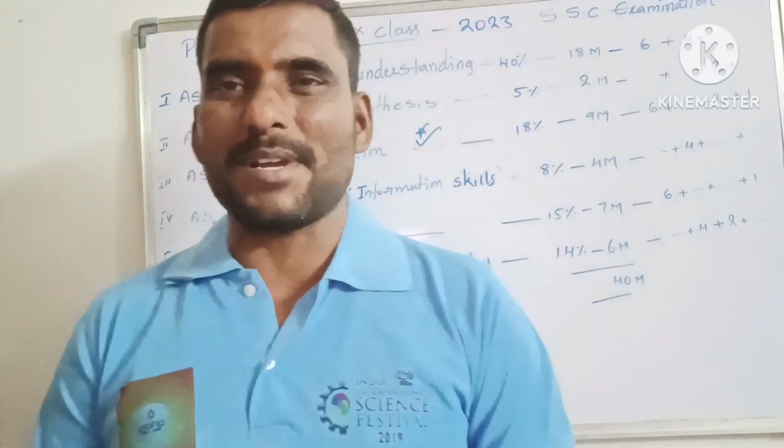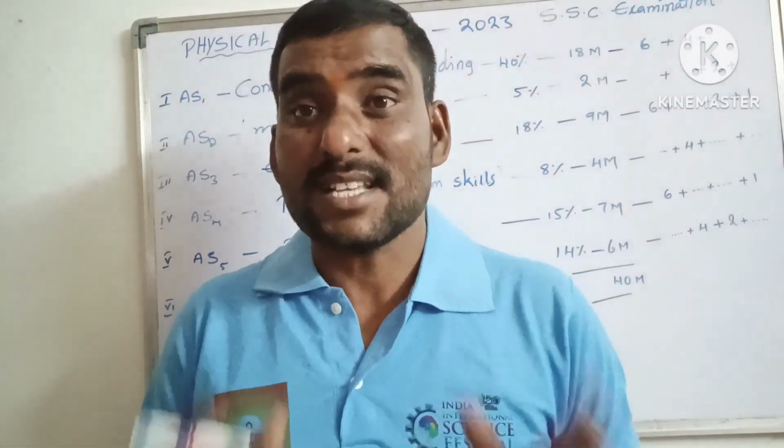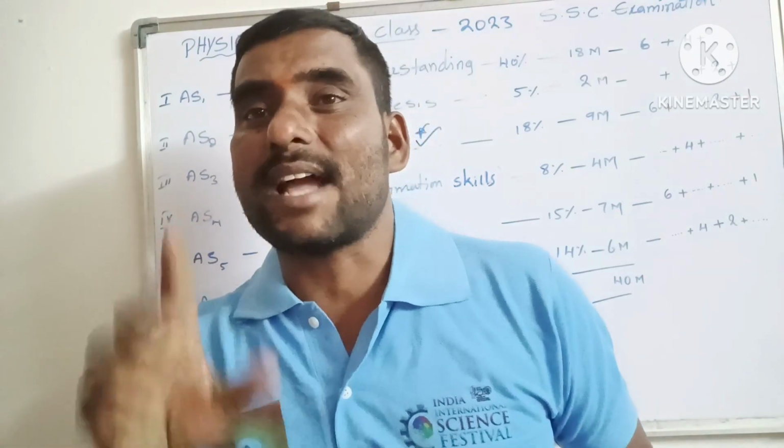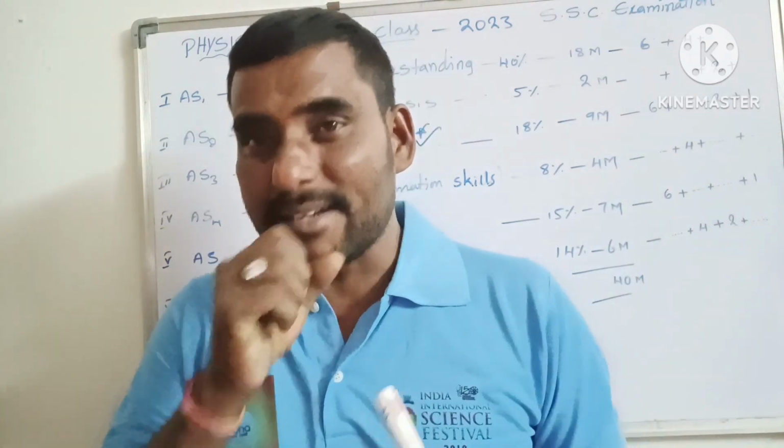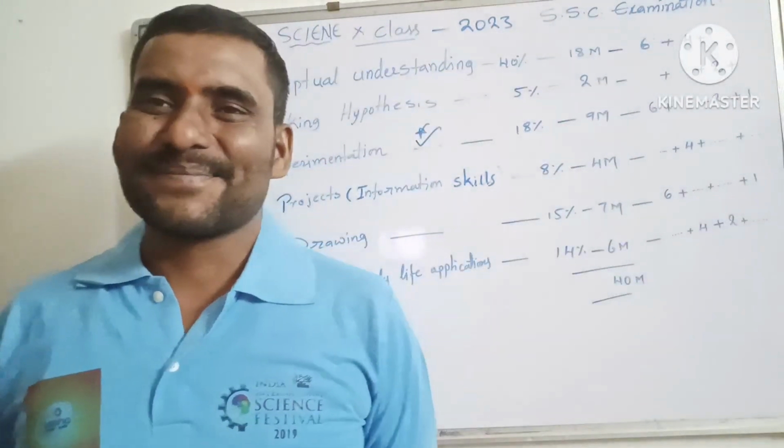While you are reading the experiments, don't worry about calculations. Just imagine and think what apparatus you are taking and how you are doing the experiment. Some students write apparatus that is not related to the procedure. Observations are different. Don't go through that.